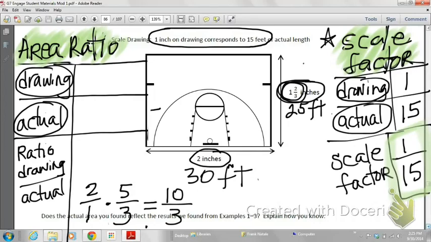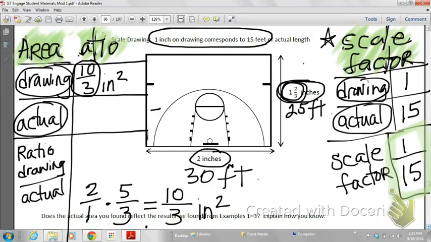Okay, so the drawing has an area, sorry, not area ratio, but an area of 10 over 3 inches squared. Again, we're not as interested right now in the inches squared as we are the actual number, which is 10 over 3 here. That's the area of the drawing.